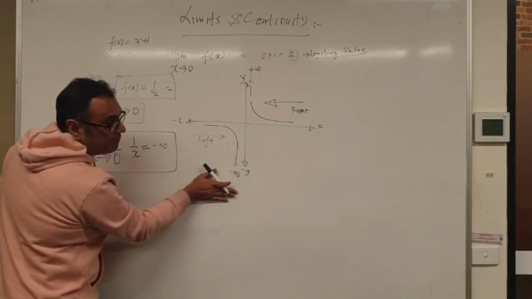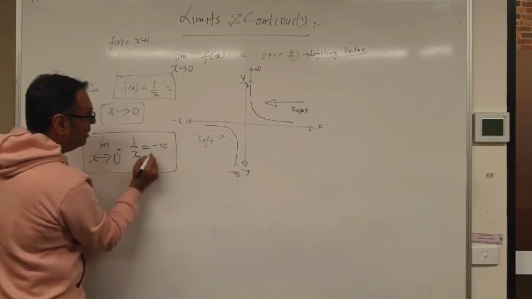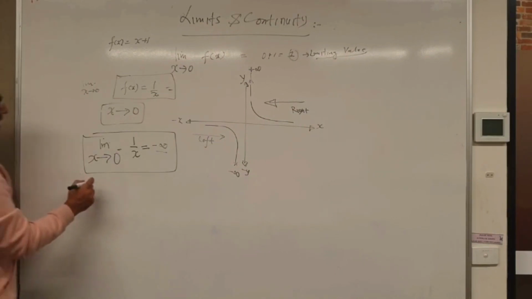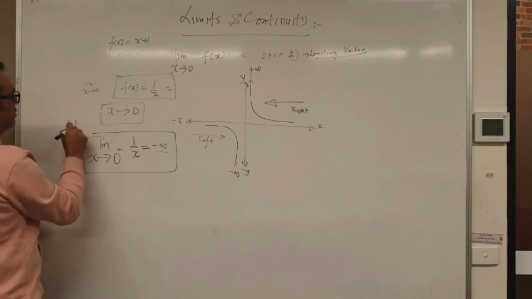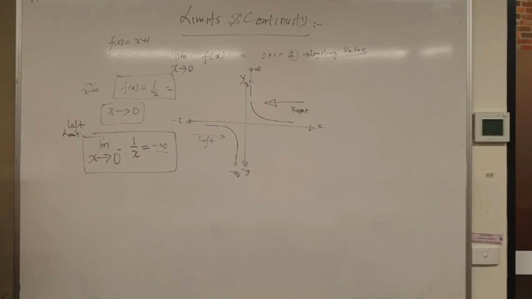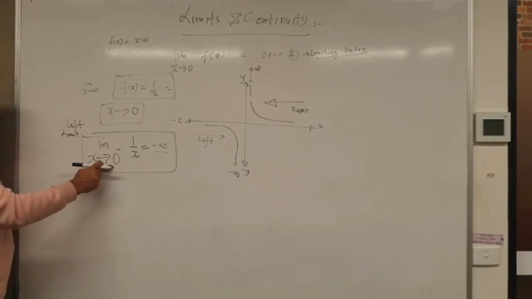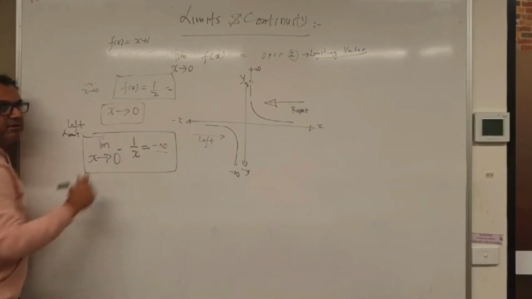What is happening? You are going to negative infinity. Did you get it? Yes? So this is called the left limit. When you approach your limiting number from the left.